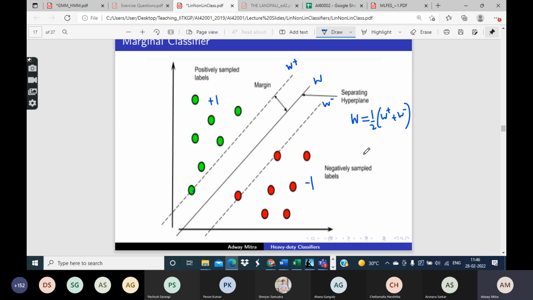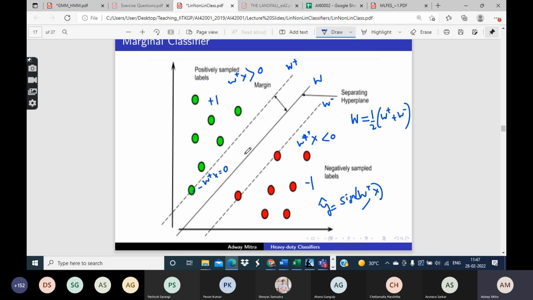We were saying earlier that we are talking about the sign of W transpose X. This is the way we were predicting earlier. So if you consider W equal to W plus, for these points we can say that W plus transpose X is greater than 0, and for all these points W plus transpose X is less than 0. But for this point it is equal to 0.